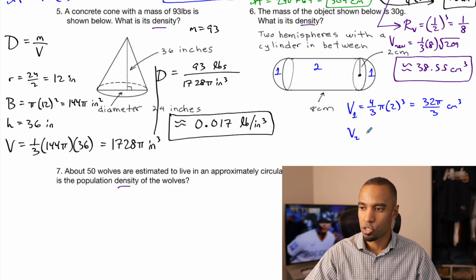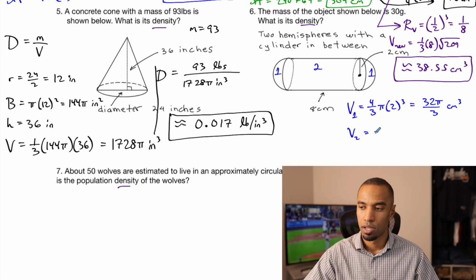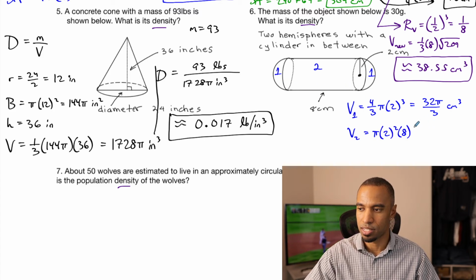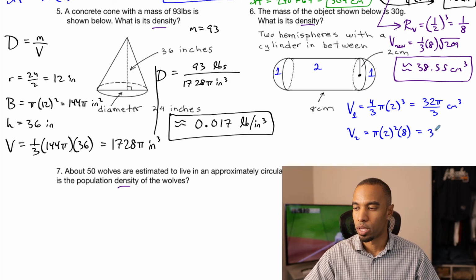Volume of object 2, we have to do area of base times height. So pi r squared times the height of the cylinder, the distance between your bases, which is 8 centimeters. So 2 squared is 4. 4 times 8 is 32. So we get 32 pi cubic centimeters there.